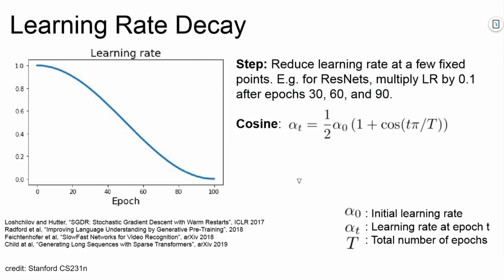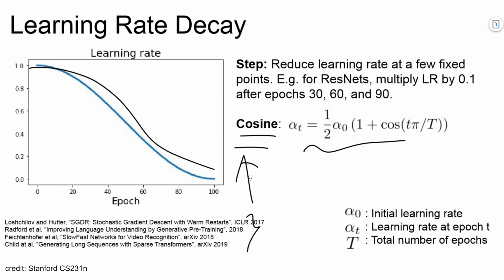To reduce the learning rate, there is another scheme called cosine. We just follow the cosine shape like this, and these papers employed this cosine learning rate schedule. Here, I'm using the term learning rate schedule.